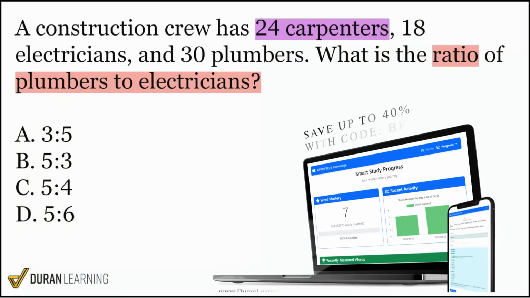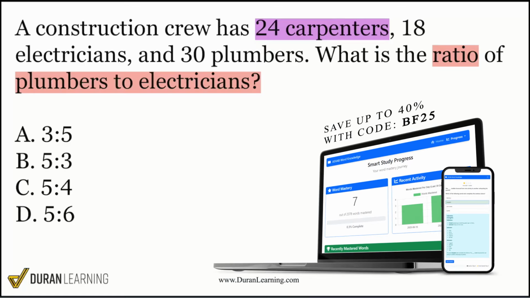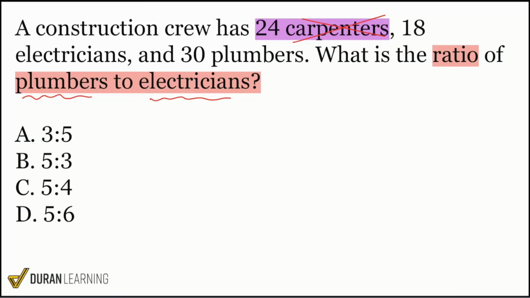No, we don't. We don't really care about them at all. Because again, we want plumbers to electricians. Carpenters are neither of those, and we do already have electricians and plumbers. We already have that. So we have the information we need.